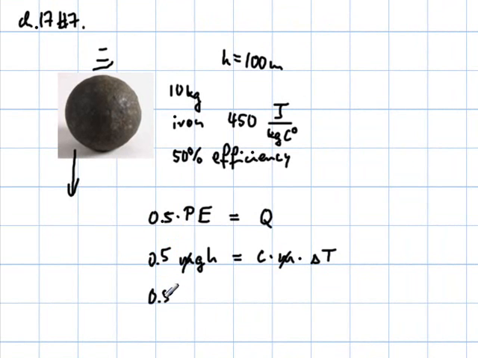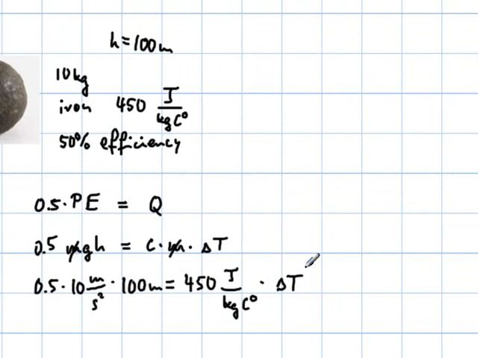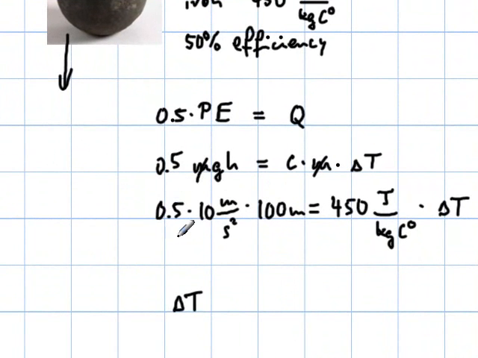So 0.5 times 10 meters per second squared times a height of 100 meters, that's about 300 feet, equals 450 joules per kilogram and Celsius degree, and then times whatever temperature difference we're going to calculate. So delta T equals everything over here divided by the 450.